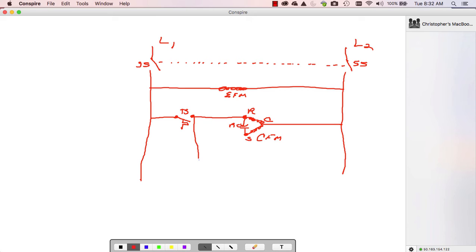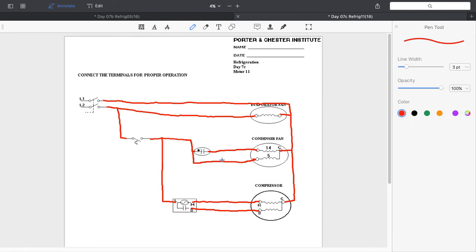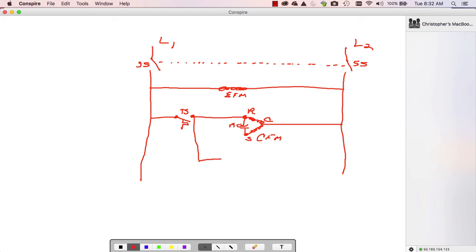Now, also out of there, we have my compressor. If you remember right, it's a split phase with no start components, but with a current coil relay. So let's go ahead and get that current coil relay in. We have a coil that goes to my run winding.